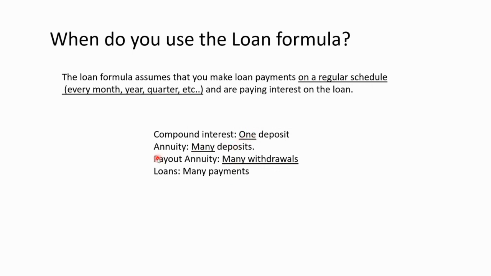For savings annuities, or just annuities, in other words, many deposits in the account. For payout annuity, like the retirement account, once you retire, there are many withdrawals being made. And for loans, there are many payments you're making. And again, this is all on a regular schedule. That's what we're assuming. Once a month, once a year, and so on.